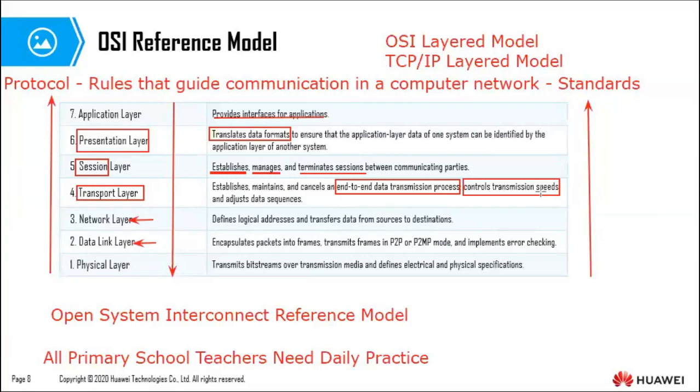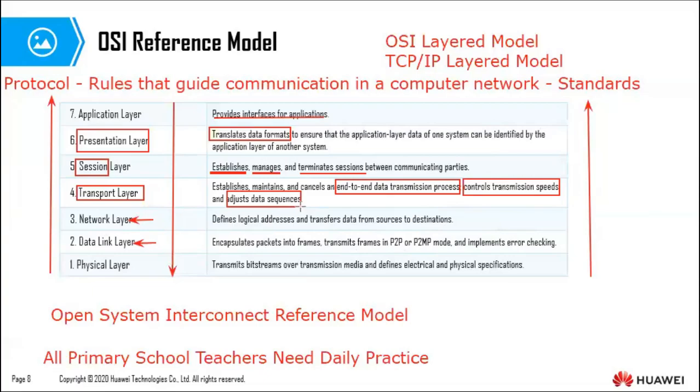It's also used to adjust data sequences. At the transport layer, you are able to sequence data because data are sent in chunks, so you number them, and you're going to learn about it.